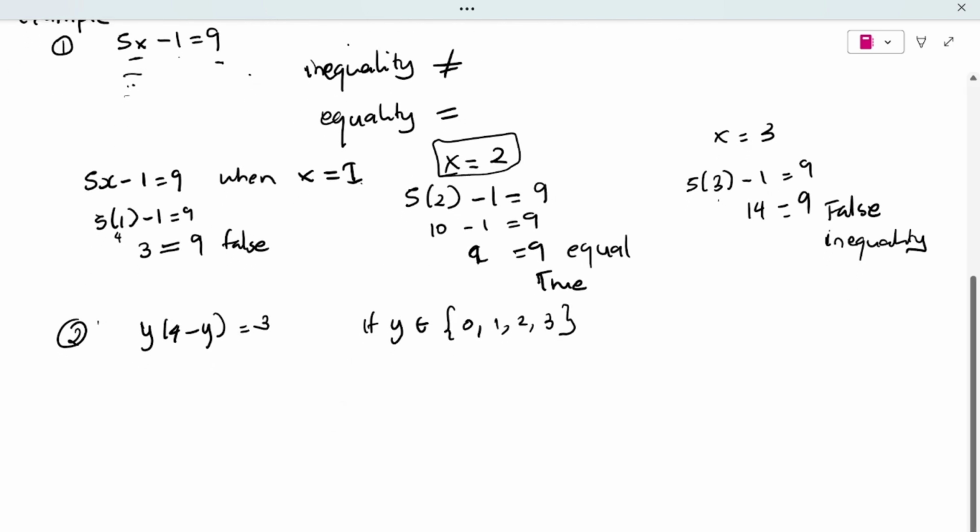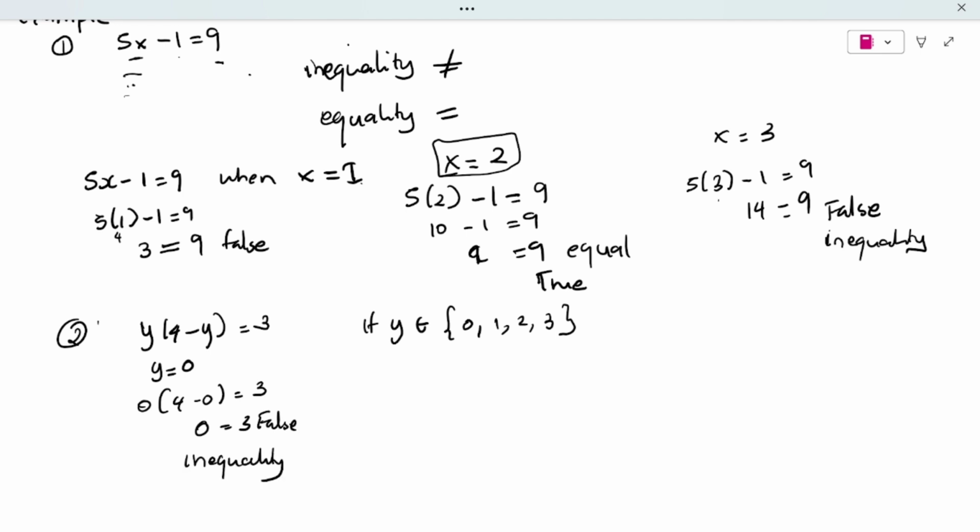So let's start when y is equals to 0. When you put 0 here, 4 minus 0 is equals to 3, so we get 4 is equals to 3. This is false, an inequality. Then when you take y is equals to 1, 4 minus 1 is equals to 3. So 3 is equals to 3. This is true. So we already got a solution.